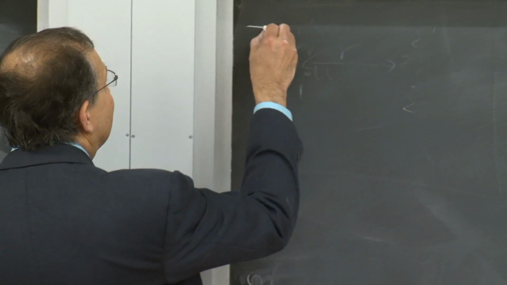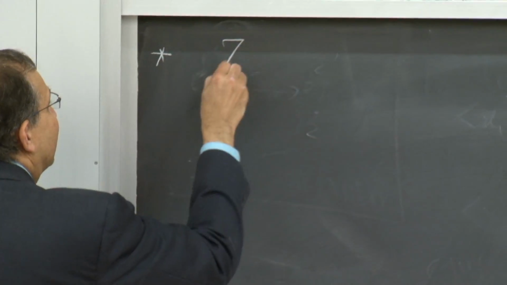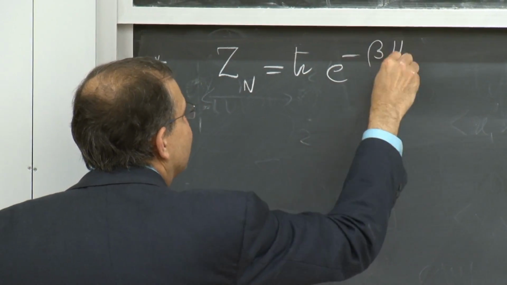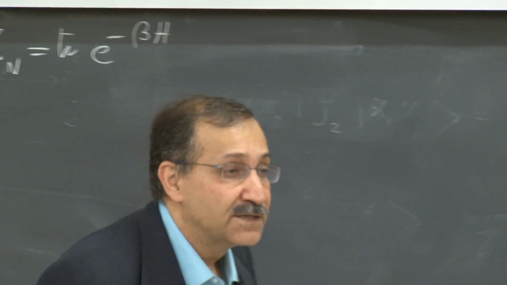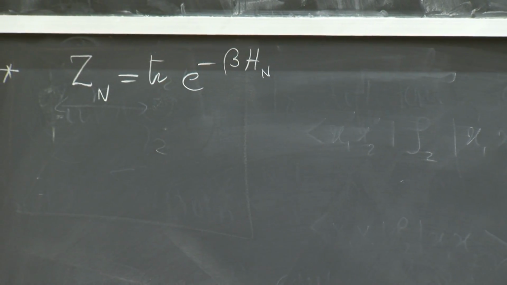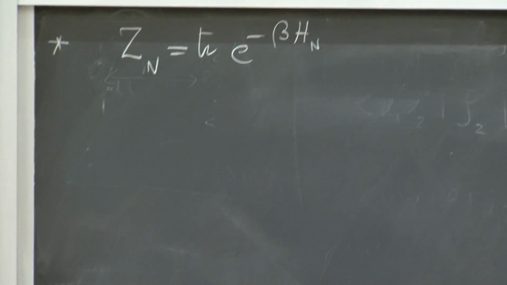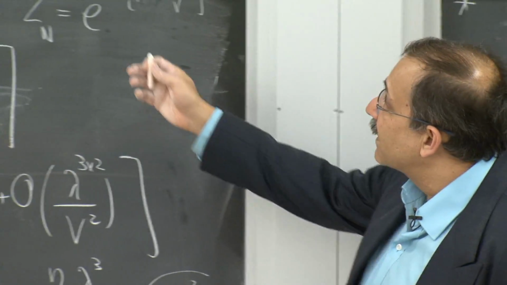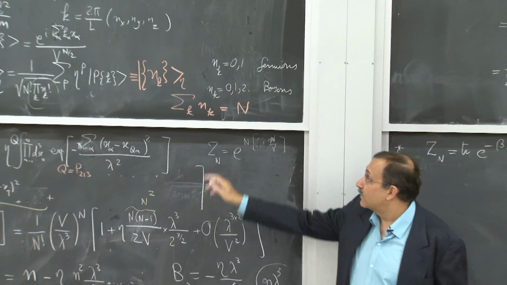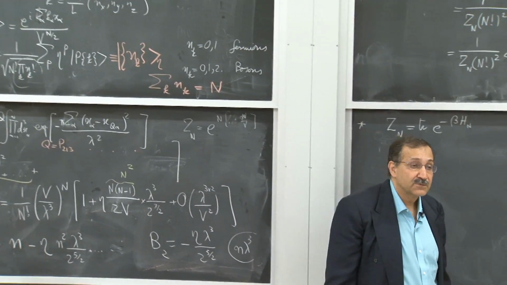So let's calculate Z_N, the trace of e to the minus beta H, in the basis in which H is diagonal. Okay? So what are the eigenvalues and eigenfunctions? Well, the eigenfunctions are these symmetrized, anti-symmetrized quantities.